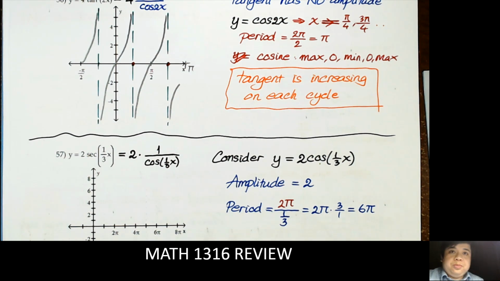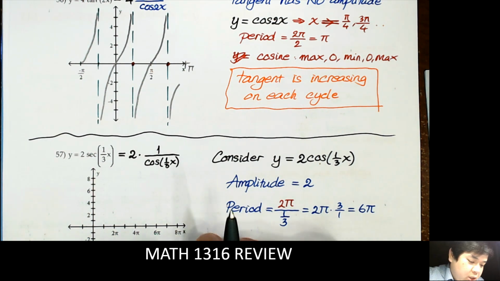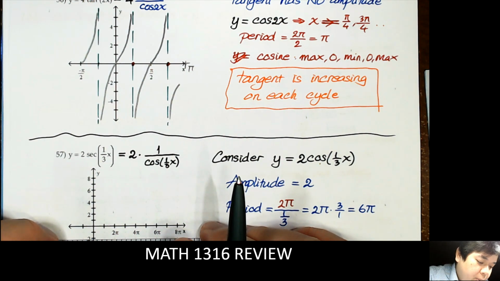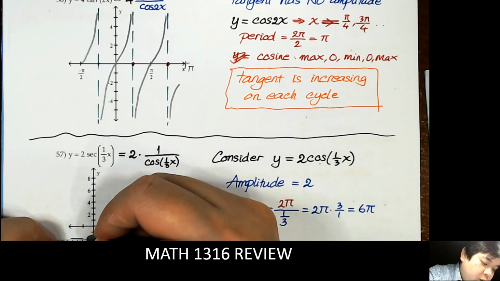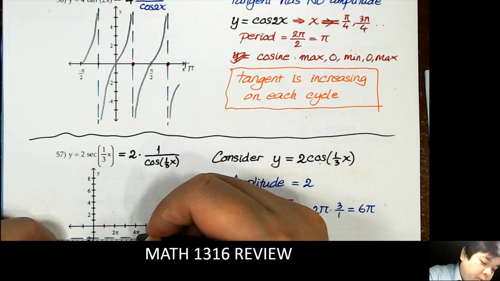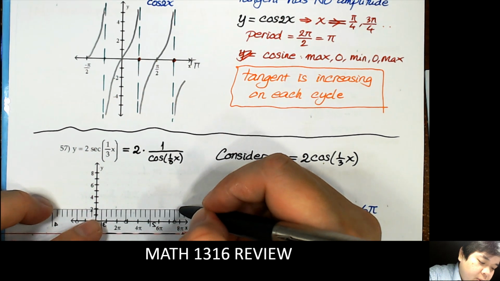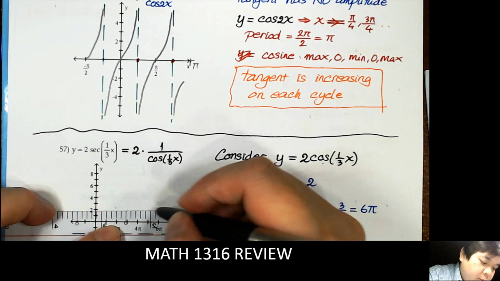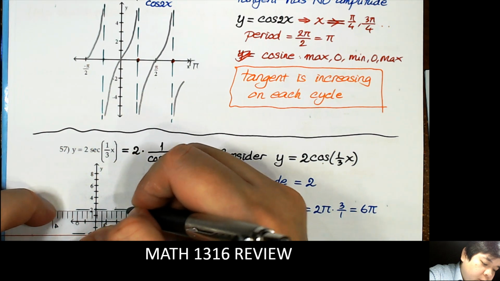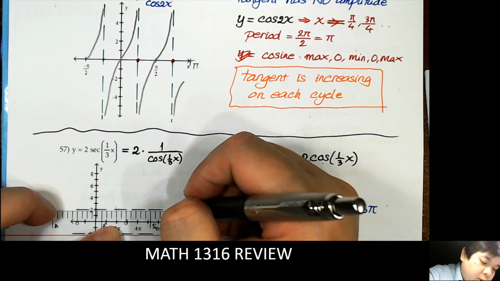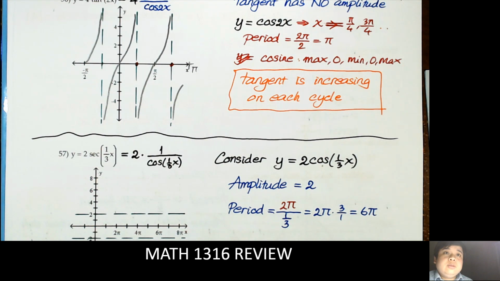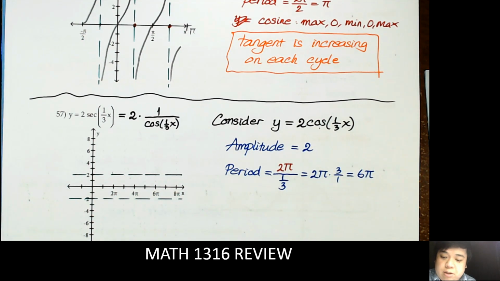So that is a period. So from 0 to 6 pi is 1 period. Right, amplitude is 2, so we'll go up 2, down 2. And then the period is 6 pi.